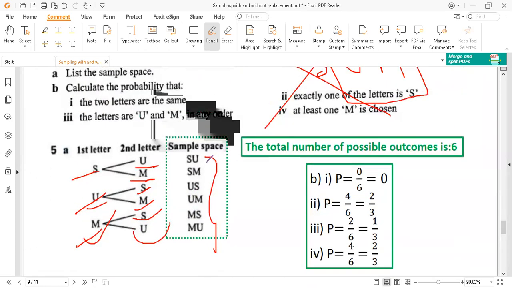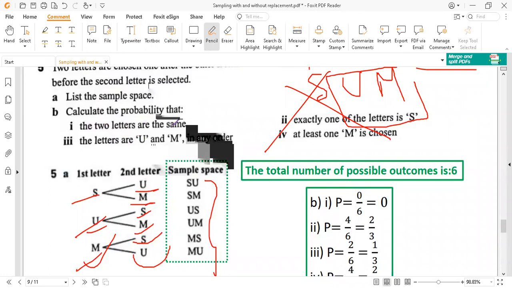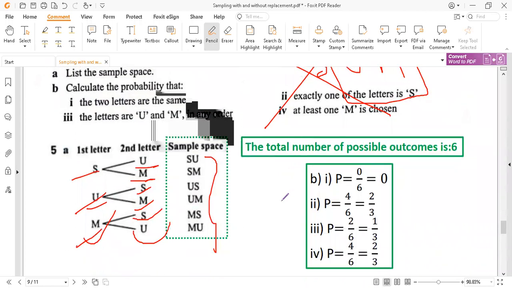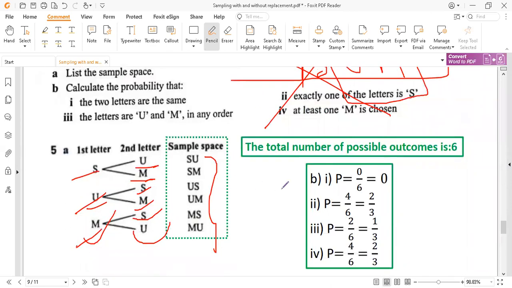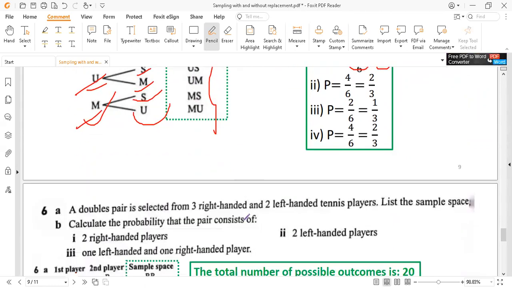Firstly they asked us whether the 2 letters are the same. We can't have the same 2 letters, because the word SUM consists of 3 different letters, so it is impossible with sampling without replacement. So the number of outcomes is 0, it is an impossible event, and the probability of an impossible event equals 0.